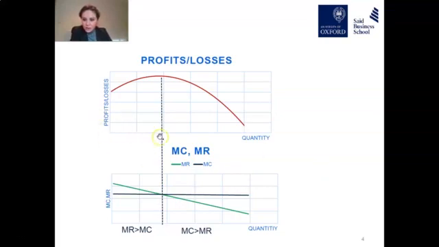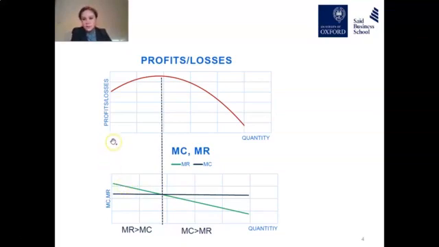So in this area, for relatively lower levels of quantity, let's look at how profits, marginal revenue, and marginal cost are all related to each other. At initial, relatively lower levels of quantity in this region, as you can see, the green line is always above the black line, which basically means that marginal revenue is always greater than marginal cost.